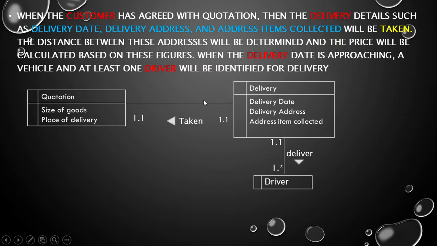This is the same as the slide, but the difference is it has three entities here and different multiplicity and different relationships. For example, the relationship between delivery and driver is deliver, and this is one to many. And for delivery and quotation, the multiplicity is 1 to 1. The relationship is taken.